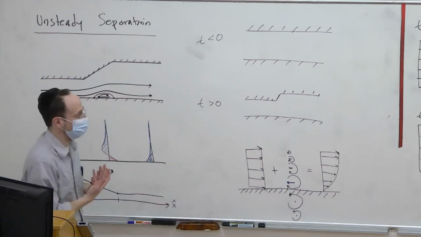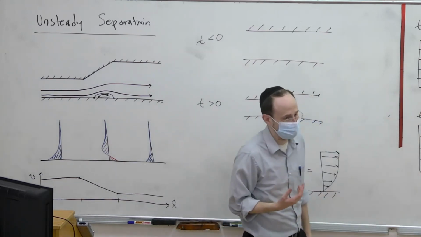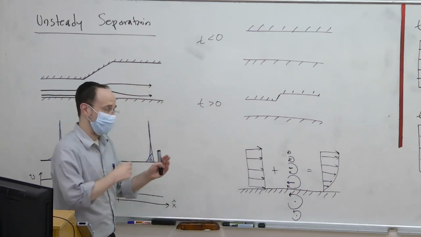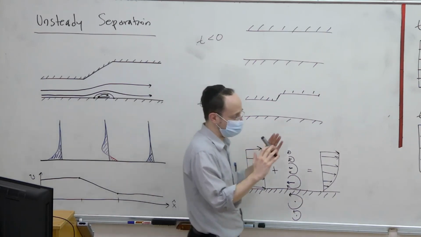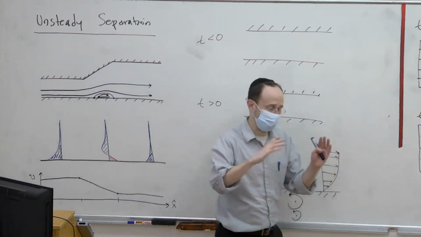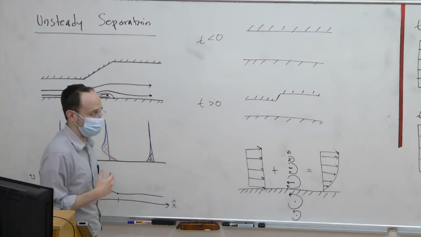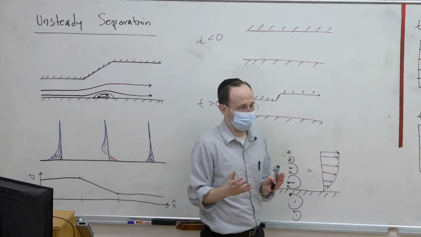If I was into showing videos, you can find on YouTube a separation bubble video, and you'll see this oscillation along with shedding. The separation bubble oscillates, sheds a vortex, oscillates, sheds a vortex. So this model is designed to help us understand that in terms of a very simple advection of vorticity, right?